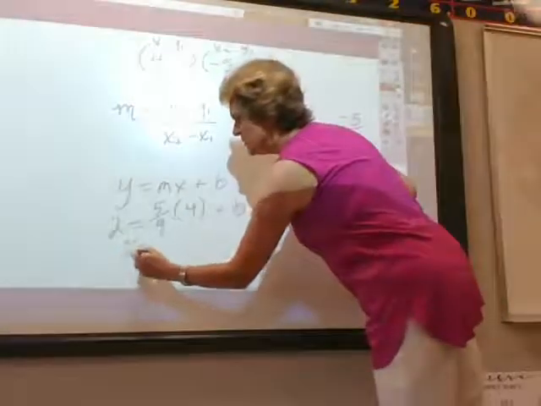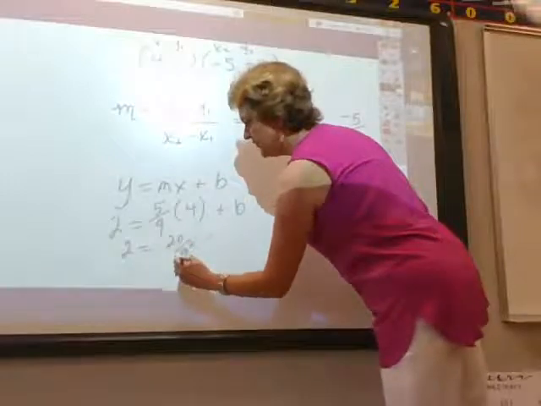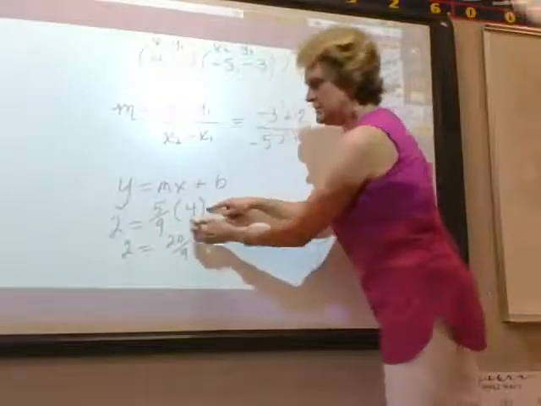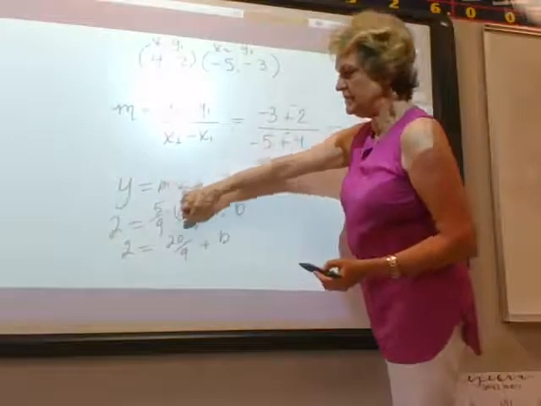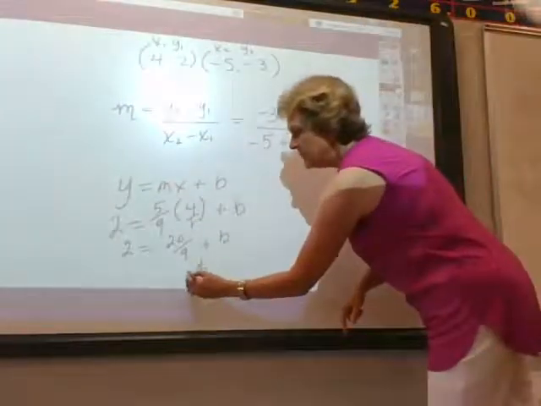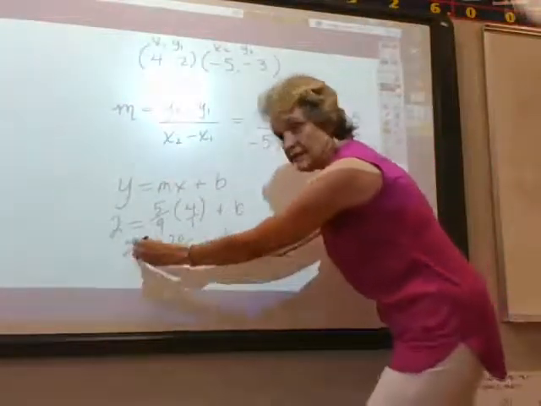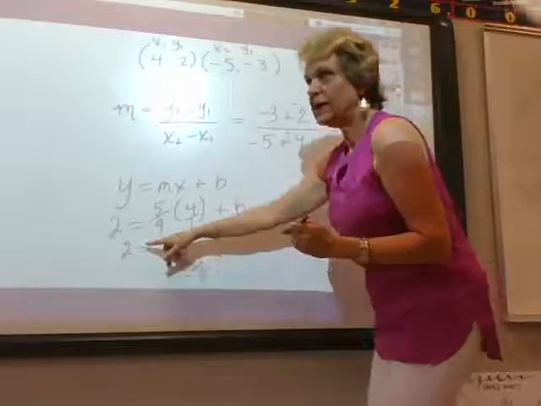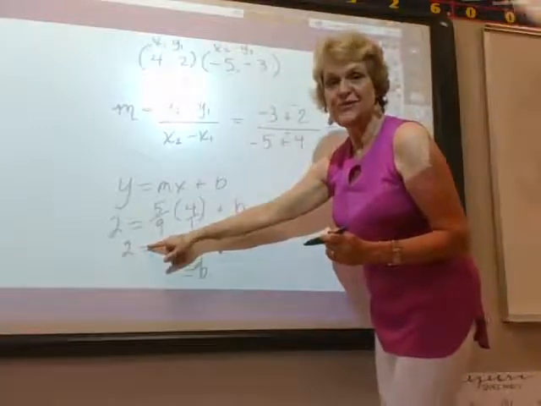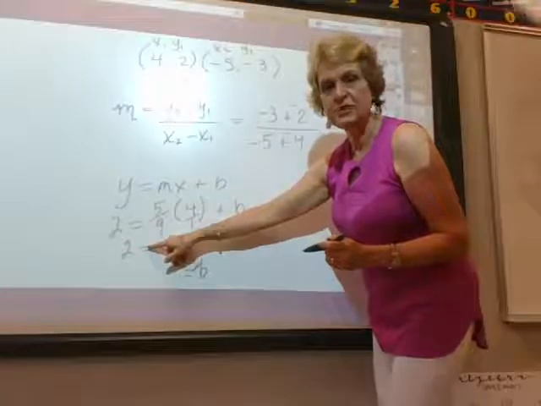Okay, so 2 equals 20/9 plus b, right? This is 4 over 1, so 20/9. Now my b, I'm going to be subtracting 20/9. Well, when I am adding or subtracting fractions, I need common denominators, right?